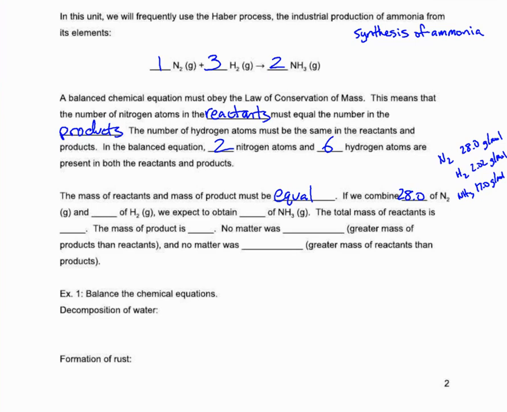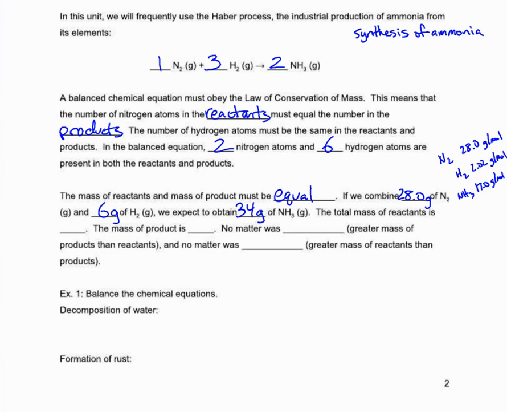And then for hydrogen, let's just call this 2 grams, and I need 3 of those. So there's 6 grams. Then I would expect, putting in 28 plus 6 grams, 34, I would expect to get 34 grams of ammonia.